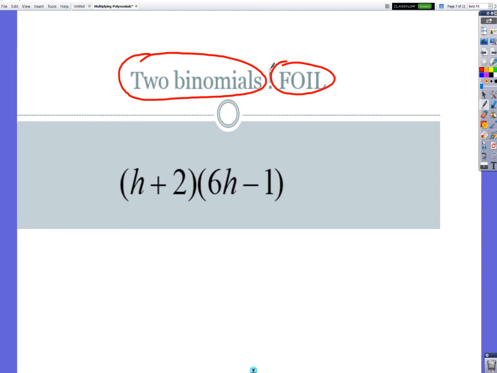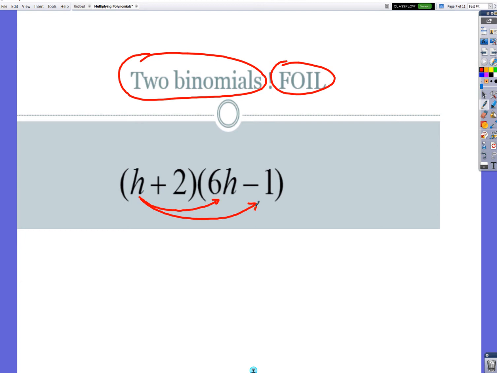So the way I'm going to approach all of these, so we can do the same thing every time, is identify the first term in the first parentheses. What is the first term in the first parentheses? H. And I'm going to get that H and multiply it times every term in the other parentheses. Even if there were 5 different parentheses, I can only multiply 2 at a time anyways.